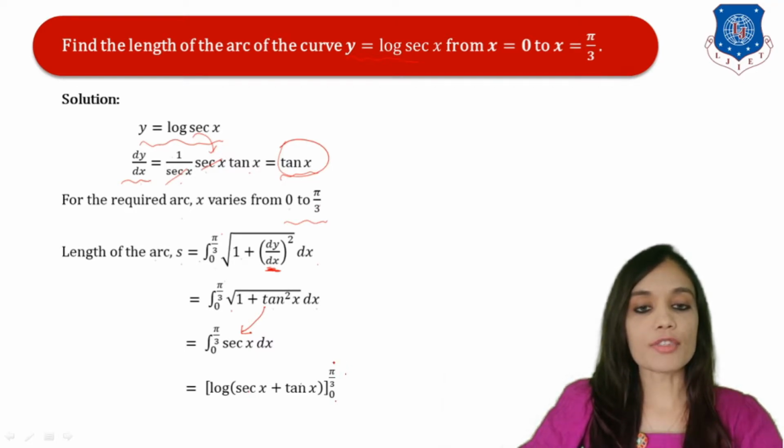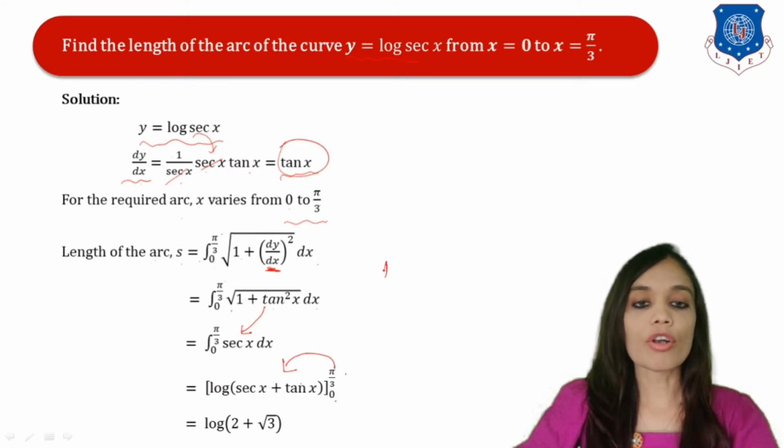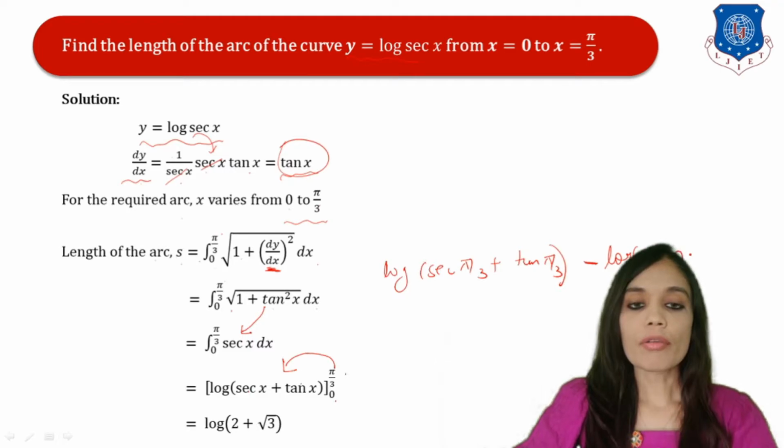Okay. So now let us put the limits. Firstly put x is equal to pi by 3. So what you will get? Log sec pi by 3, right? Plus tan pi by 3. Now put x as 0. So log sec 0 plus tan 0, right?